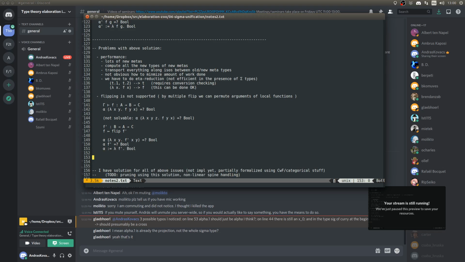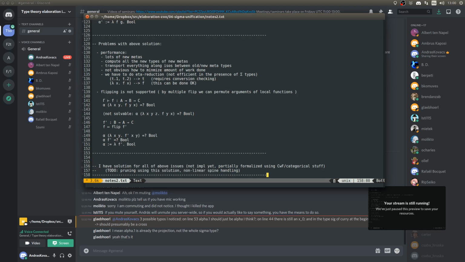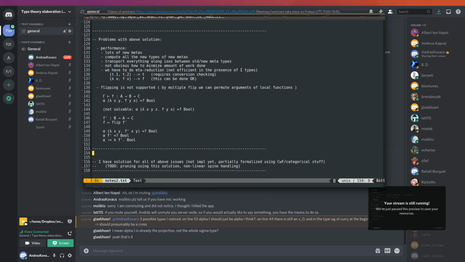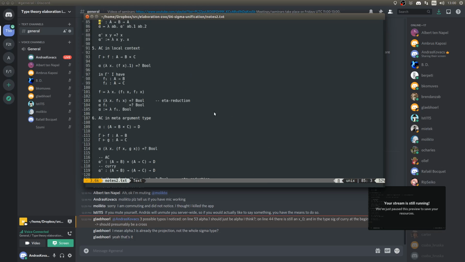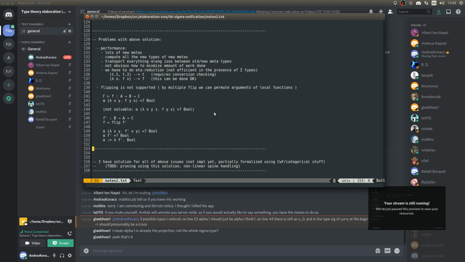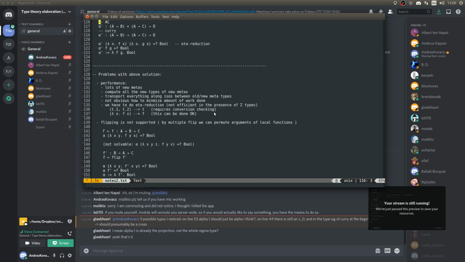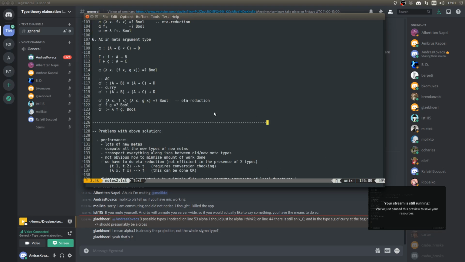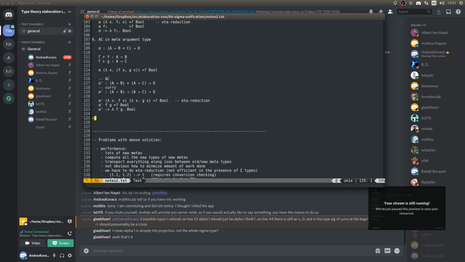Okay, but actually I remember now that I should also give some example for pruning using this, and probably I should do this before the problems. So this is an extra example. How can we do pruning with this kind of sigma elimination?